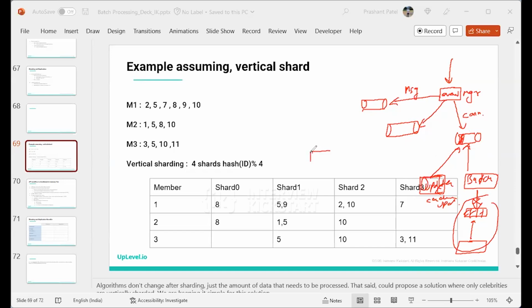It has access to the configuration manager that we have discussed. User to cluster shard mapping is here, so your batch processing system has access to that.